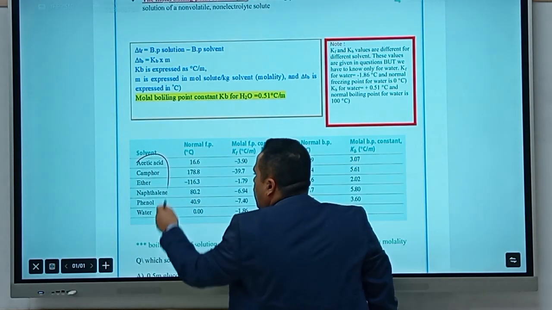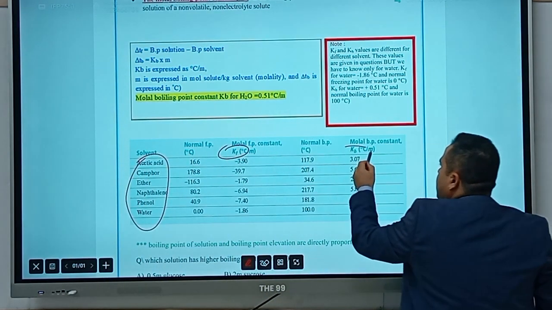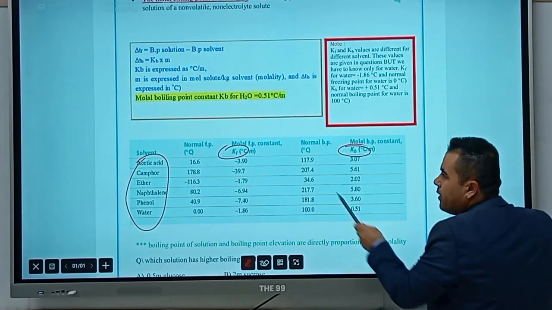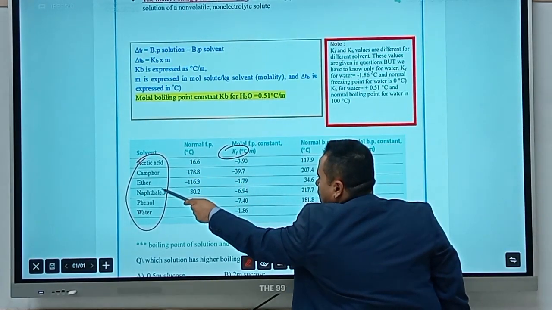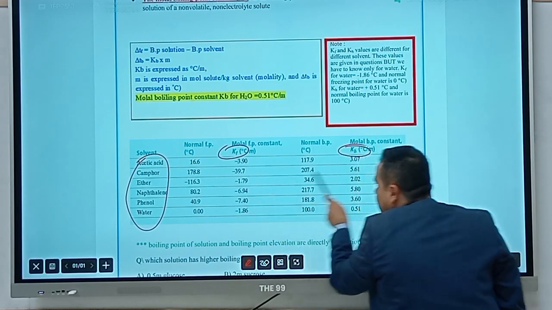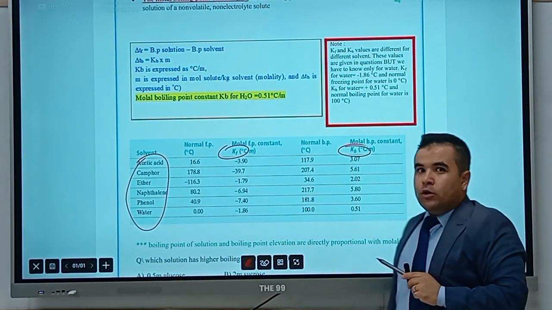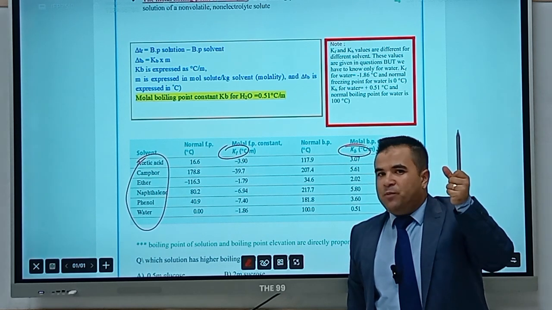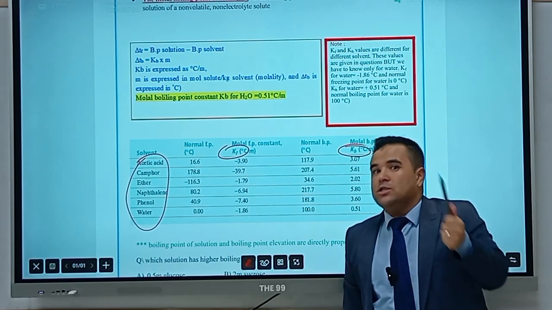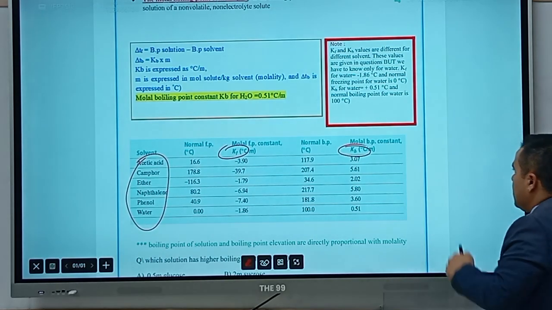Here we have several solvents, and the Kb and Kf are given. As the solvent changes, there will be a change in the Kf and Kb as well. So the Kb and Kf depend on the solvent.